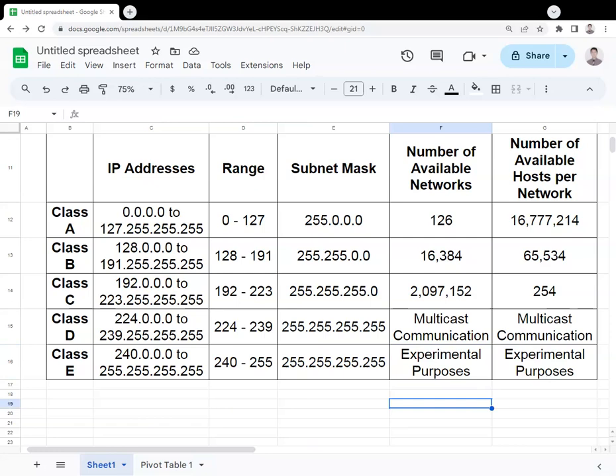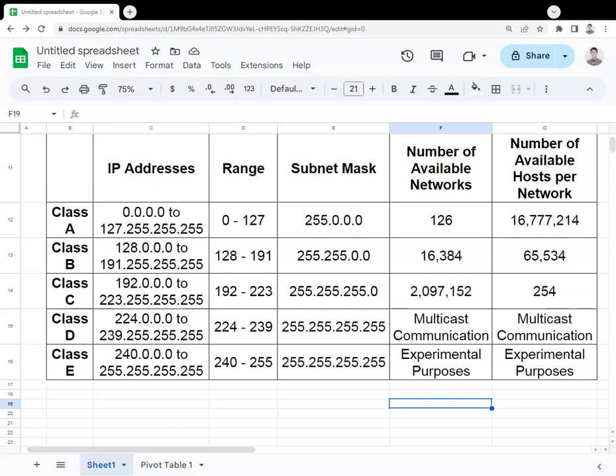When we say experimental purposes, Class E addresses are reserved for future use, and they are not typically used for standard IP address purposes.